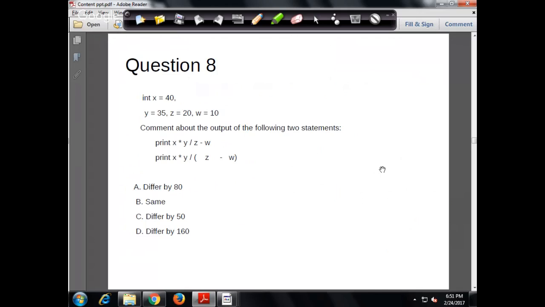So here is question number 8. Have a look at this question and try to come up with the right option. Again, this question has to deal with operator precedence, which operator has higher precedence than the other.